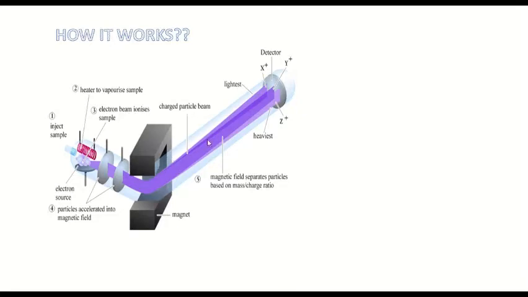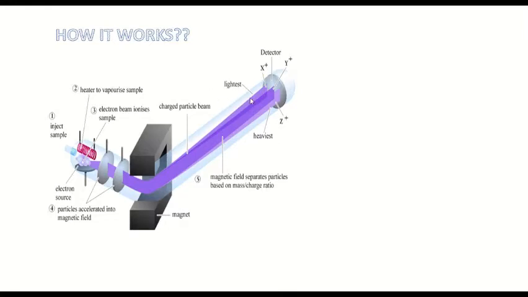As you can see, deflection of the ions depends on the mass. The heaviest ion will be less deflected berbanding dengan lightest ion. Lighter ion will be deflected more compared to heaviest ion. Sebab apa? Heaviest ion dia berat, so dia akan bergerak lebih slow berbanding dengan lightest ion.